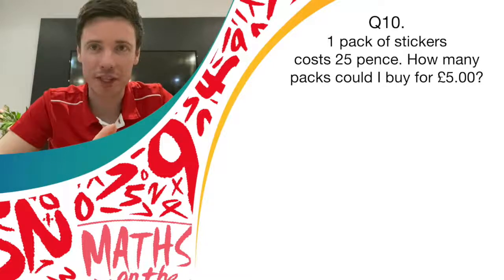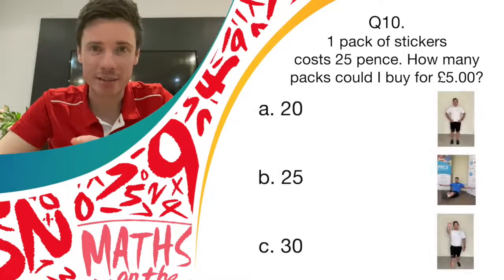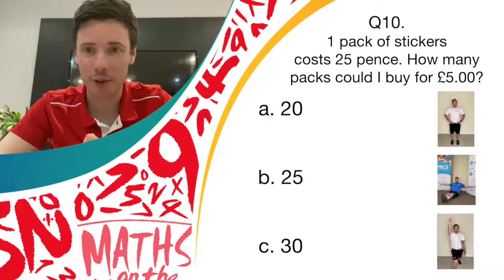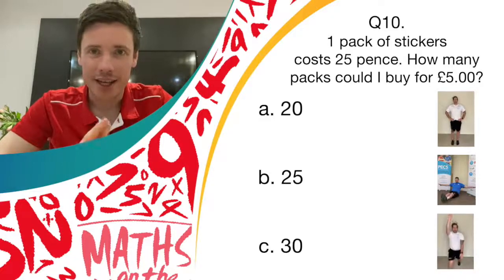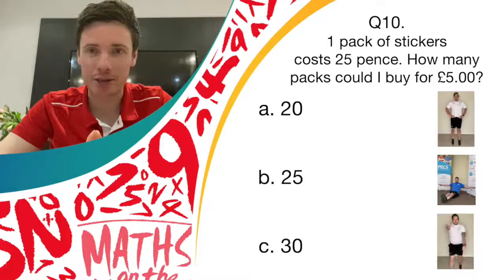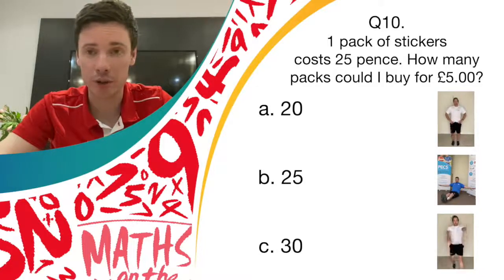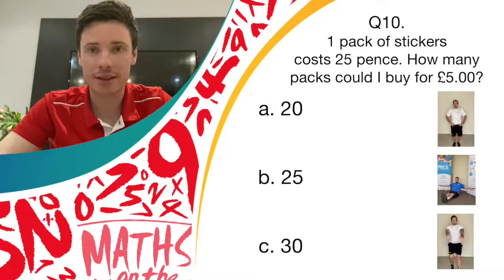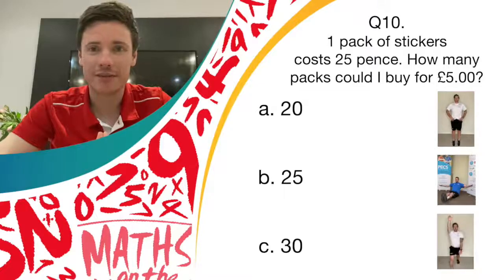So the possible answers for this one are 20 packets, 25 packets, or 30 packets. If you think it's 20, you should be doing little bounces on the spot. If you think it's 25 packets, you should be holding that balance. And if you think it's 30 packets, then you should be doing spotty dogs.